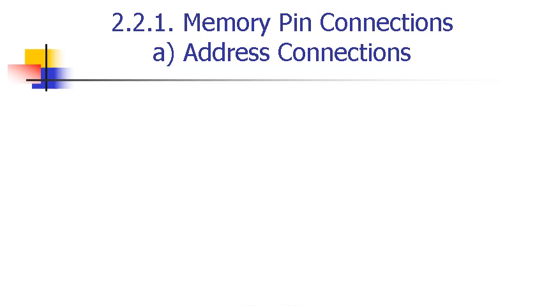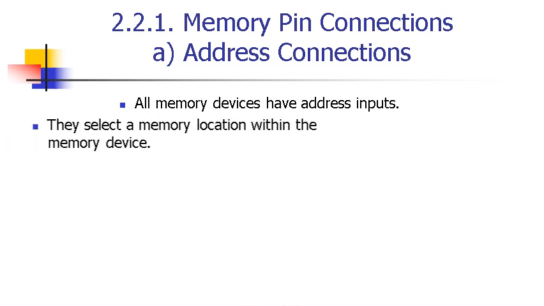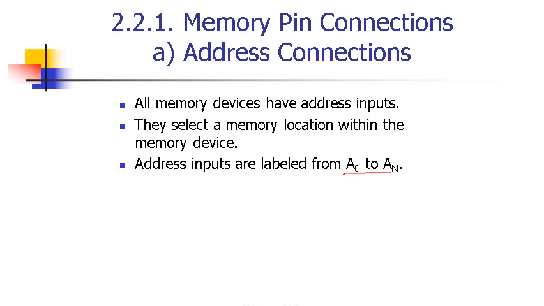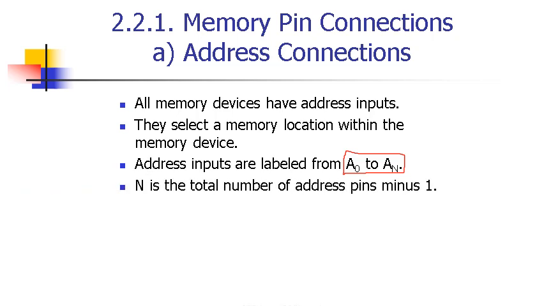Memory pin connections and the address connection. As we previously indicated, memory devices have address pins. You use these address pins to select a specific memory location within the memory device. The address pins are labeled A0 through AN, where N plus 1 is the total number of address pins.